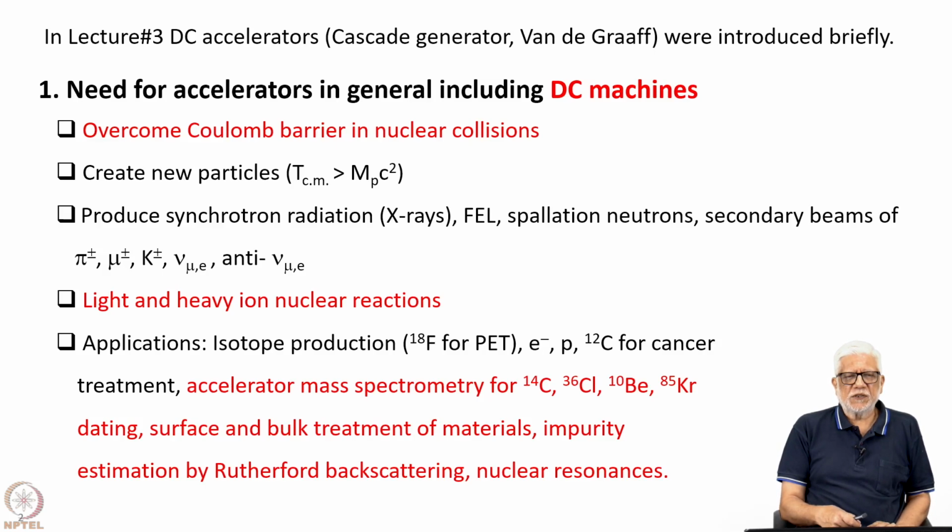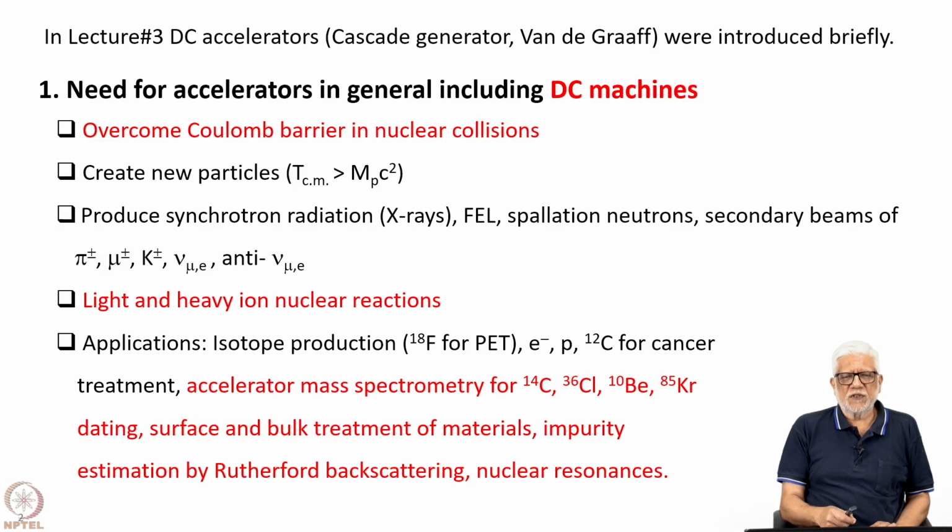There are several applications where again DC machines are used. So in general, of course, isotope production, electrons, protons for cancer treatment, etc. But DC machines are particularly useful for accelerator mass spectrometry for carbon 14, chlorine 36, 10 beryllium, 85 krypton dating, and so on.